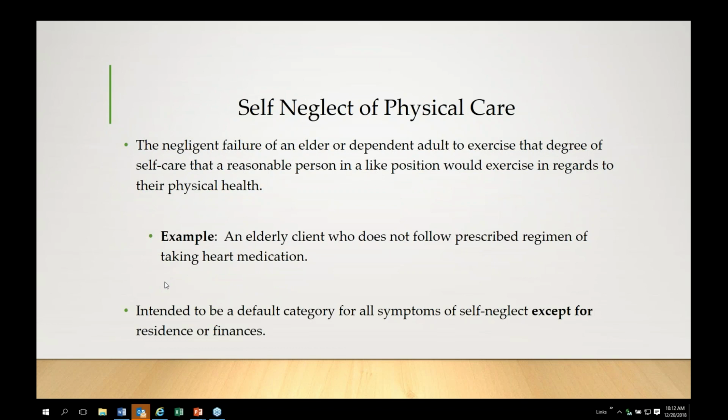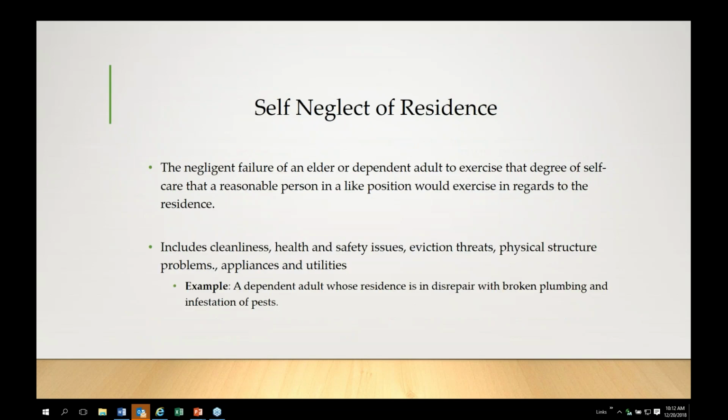So here we're going into this in a little more depth. This is where I talked about how the default for self-neglect is self-neglect, but it can be both self-neglect and neglect of finances. Neglect of residents is the negligent failure of an elder or dependent adult to exercise the degree of care that a reasonable person in a like position would exercise in regards to their residents.